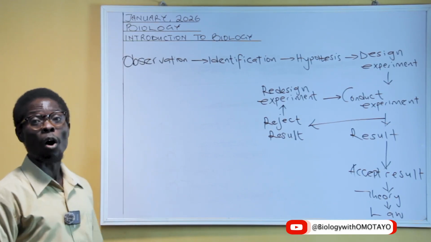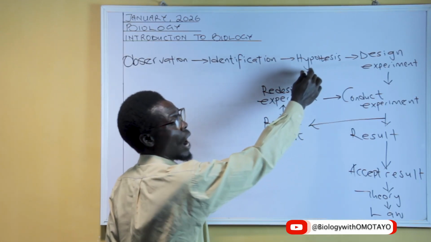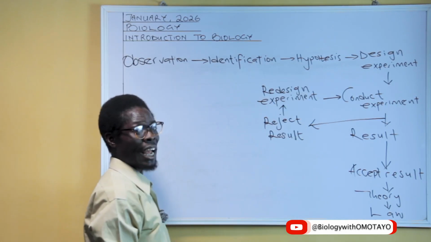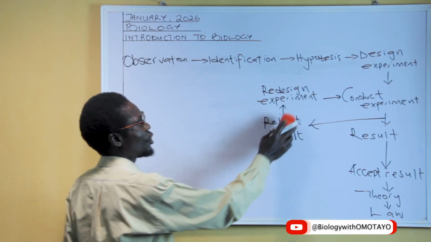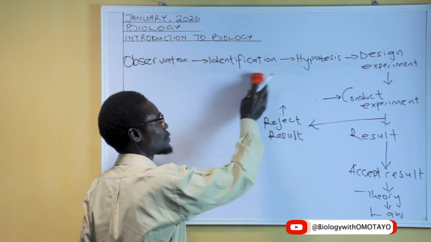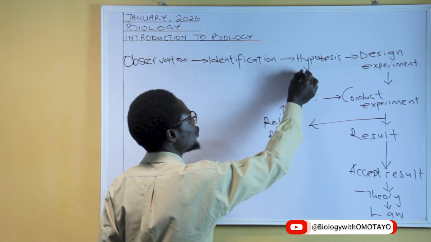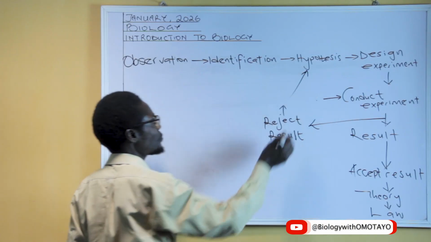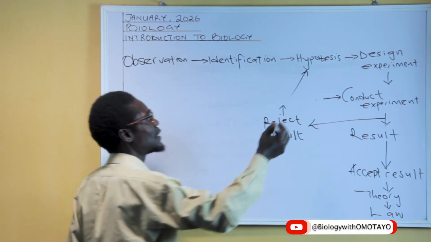Sometimes it may equally require that you look as well into your hypothesis. So at other times, it may be required that you don't just redesign experiments. It may require that you revisit your hypothesis and then you redesign.